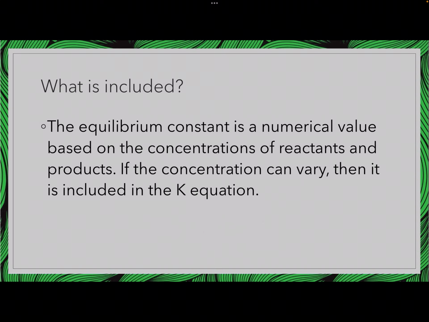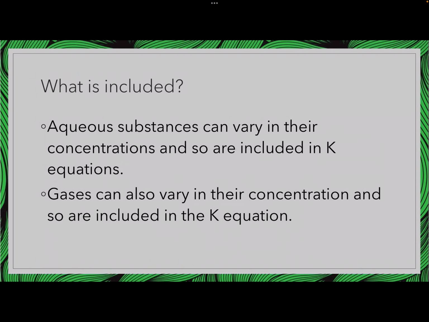Now, when we have a reaction, not everything's included in the equilibrium constant. The only things that are included in the numerical value are things that can vary in concentration. If the concentration of it can't vary in the chemical system, then it's not included in the K equation. What do we mean by that?